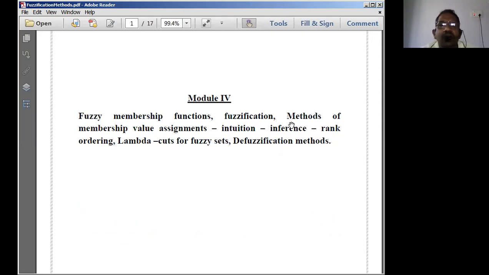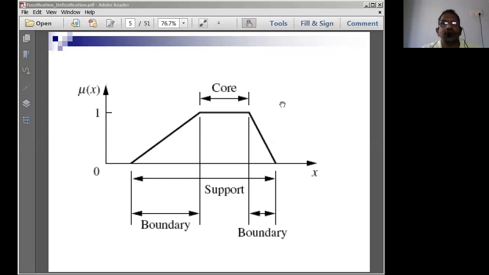We have covered the features of membership functions. It has basically 3 features, as we discussed: core, boundary, and support, and they can be represented like this. These 3 are the basic features of the membership function.